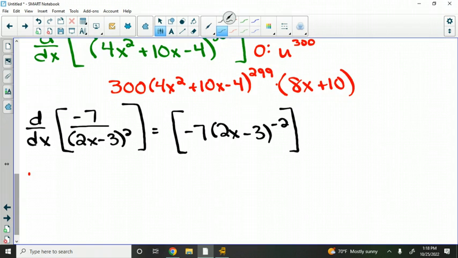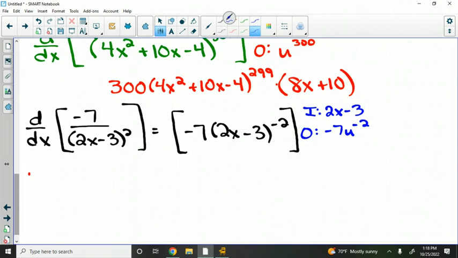When I do that, now I got rid of the quotient rule. So now I can just do chain. The inner part is still going to be that parenthesis part. So the inner is still going to be 2x minus 3. The outer is like everything else. So the outer is going to be negative 7 u to the -2. So everything but that inner part.